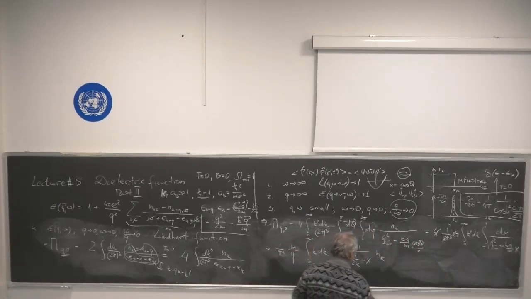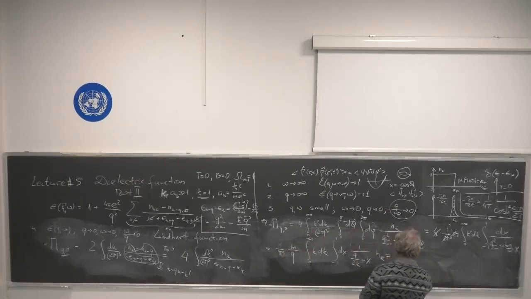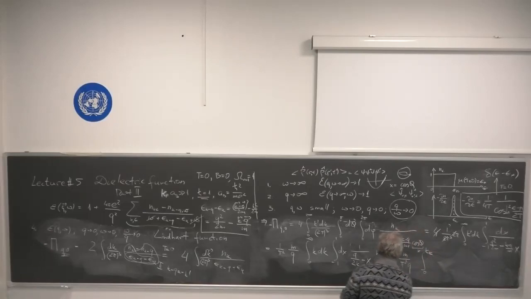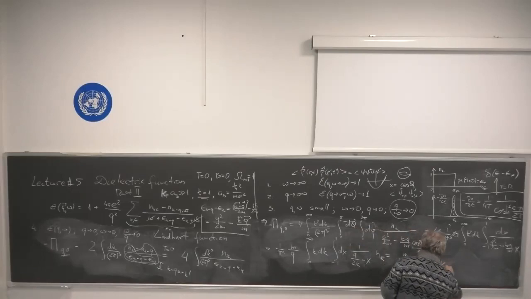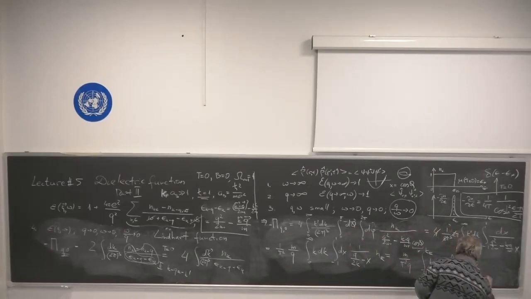So since it's n_k, this integral gives me a logarithm. So I have m divided by pi squared q times integral from 0 to k_F. Because of the Fermi distribution function, I have k dk, and this integral is log (1 plus q over 2k) over (1 minus q divided by 2k).